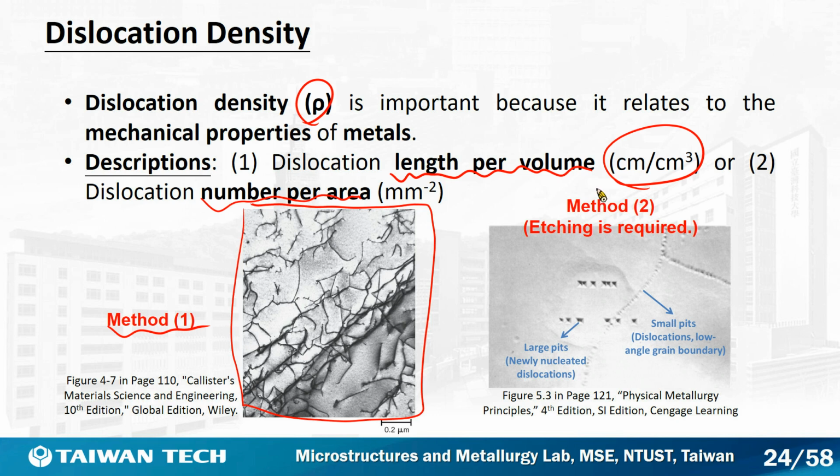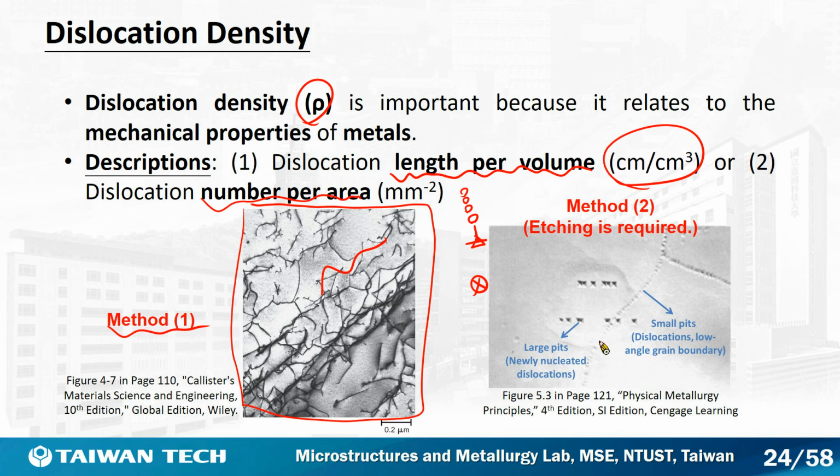And method 2 is number per area. So first, we must reorient the specimen to a specific direction so that we will not observe the dislocation lines like this one. We will observe it like a dot, okay, like a dot. For example, if we have edge dislocations with an extra half plane, then where is the dislocation line?